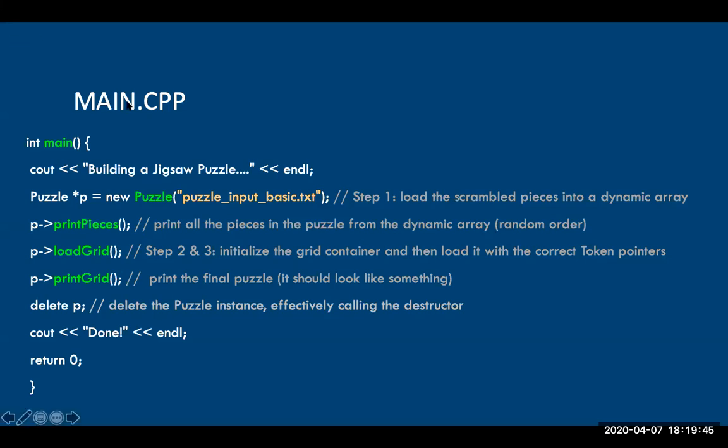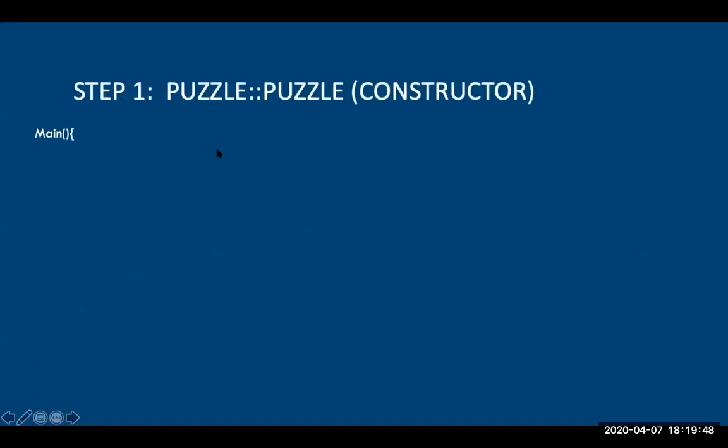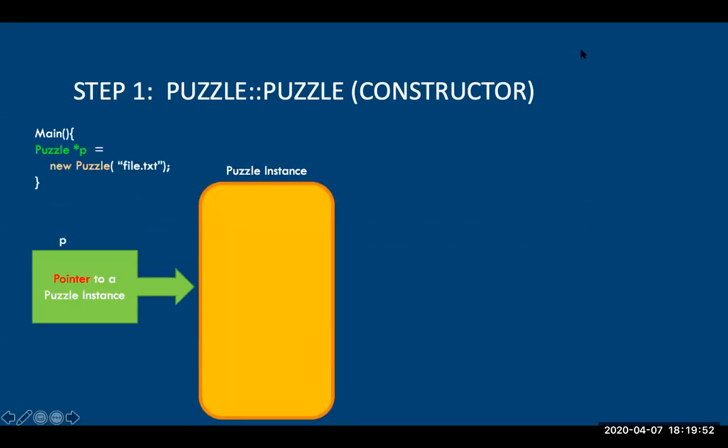Okay, all right. Let's see if we can crank through this then. So here's what we're doing with the constructor. We're going to create our new puzzle here, assign it to P, which should create an instance of the puzzle on the heap. And we have those private members in the class. And this is just a pointer to a token pointer, so it's a pointer to a token.